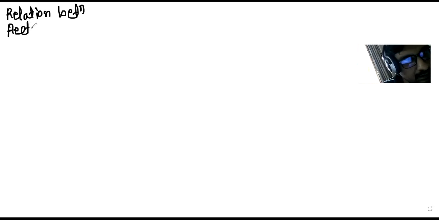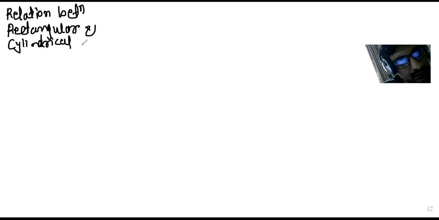So this is a relation between Cartesian or rectangular and cylindrical coordinate system.